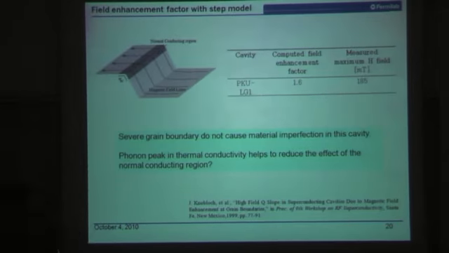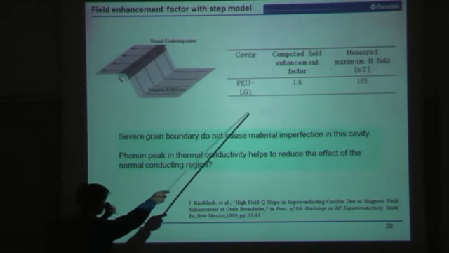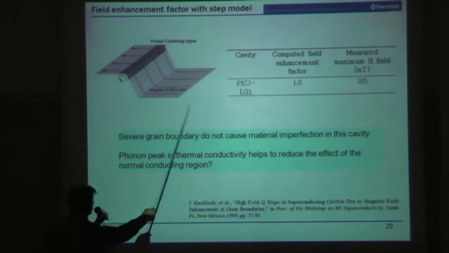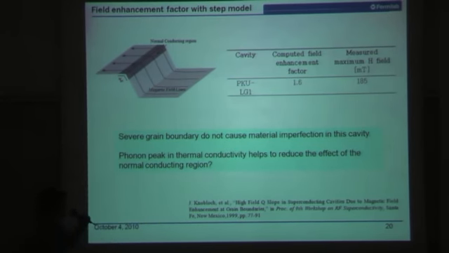And we use Yang's simple model of the step to calculate the field enhancement. It looks like this area has a field enhancement factor of 1.6. The field is, okay, it's 185. Somehow the other slide says 189, but it's okay. So what we actually learned from this case is that severe grain boundary doesn't seem to cause material imperfections in this cavity.